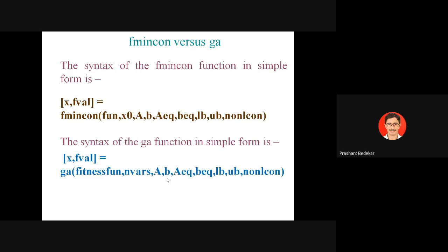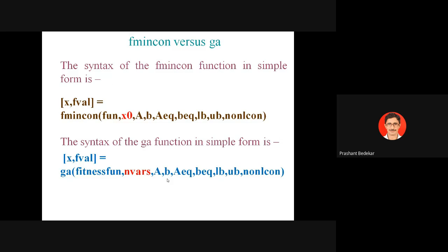I am marking the difference by red color. This is the only difference. All other things are same. This GA also you can solve using the GUI. If you say gatool, the GUI of genetic algorithm gets activated.